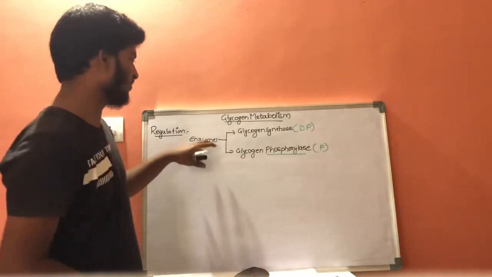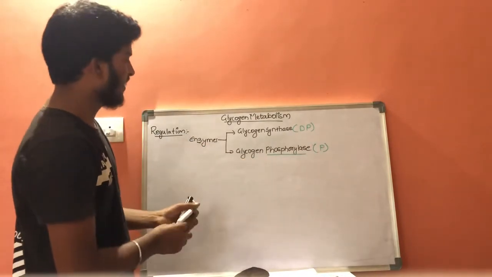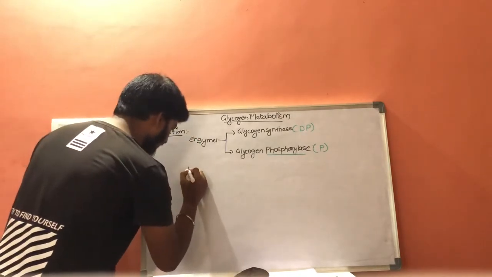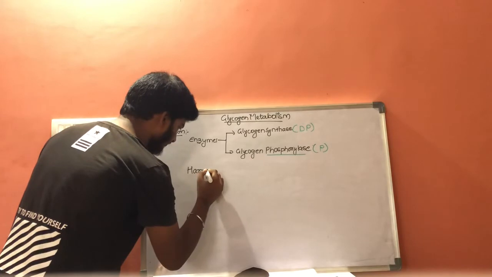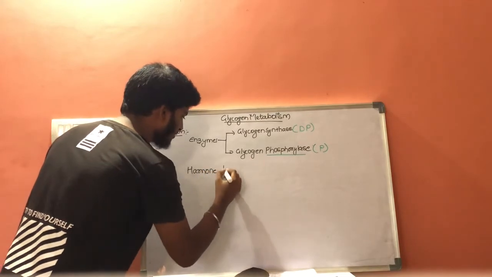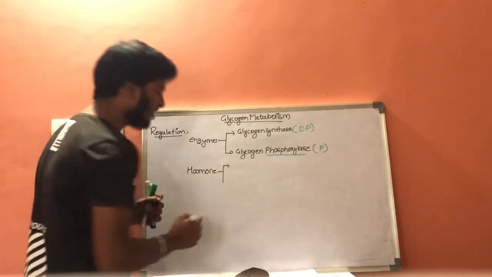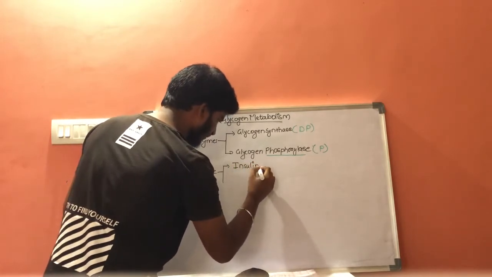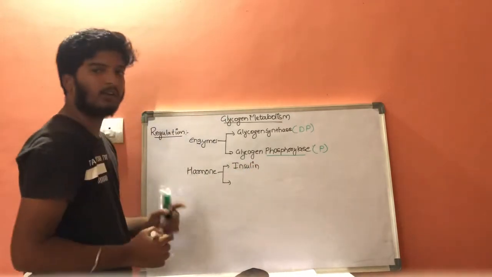This is done by two types of enzymes, and the hormones involved in glycogen metabolism are of two types: one is insulin, while the other is glucagon.